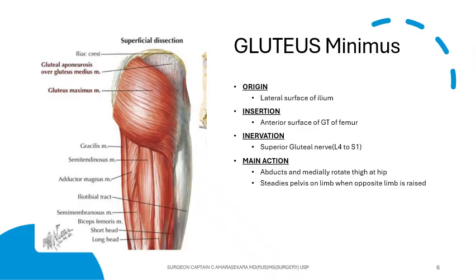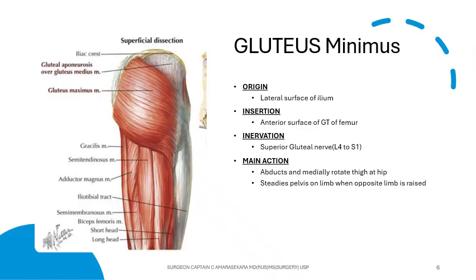The muscle is innervated by the superior gluteal nerve, which arises from the spinal roots L4 to S1. This nerve also supplies the gluteus medius and tensor fascia lata, forming a functional trio that stabilizes the pelvis during locomotion.